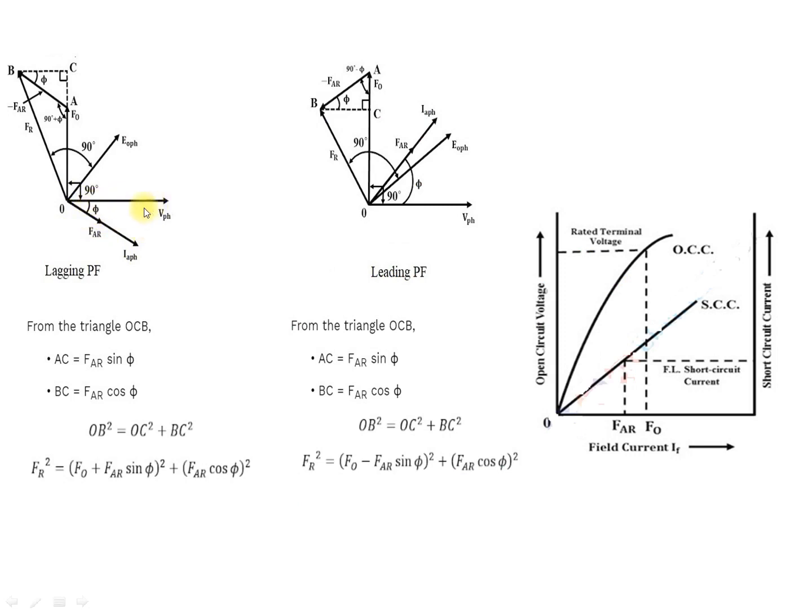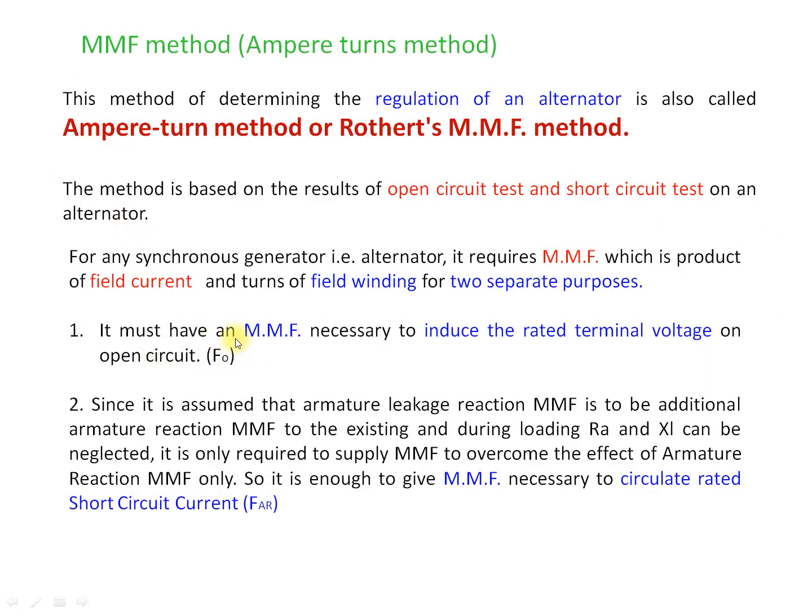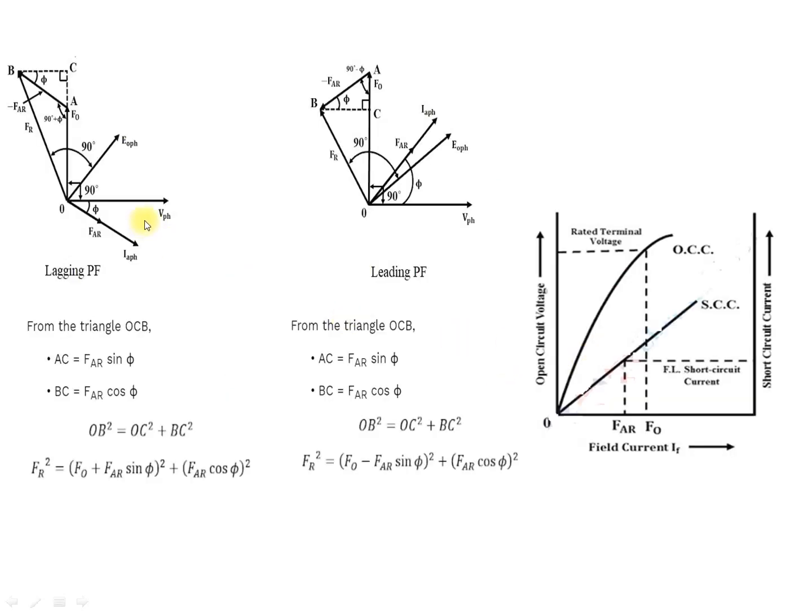So for this particular V phase, our F naught is the value of the MMF which is required to induce the rated terminal voltage, which is V phase. That particular MMF will be leading this voltage by 90 degrees. So we are giving this F naught over here, and this particular IA is going to be the zero power factor one. This IA value will be in phase with this particular IF.